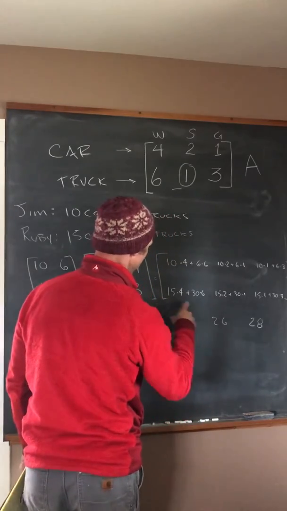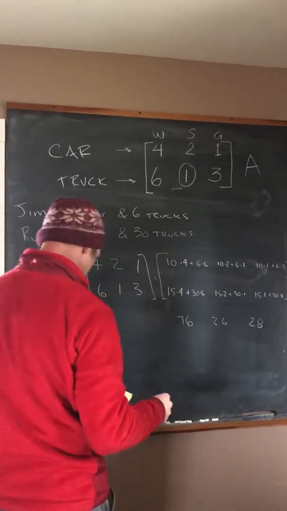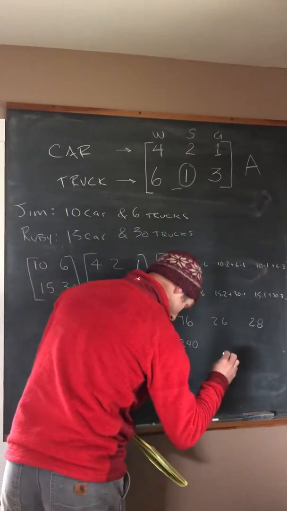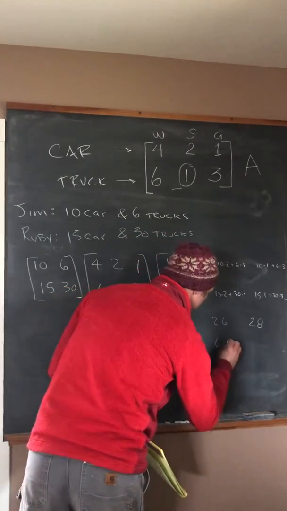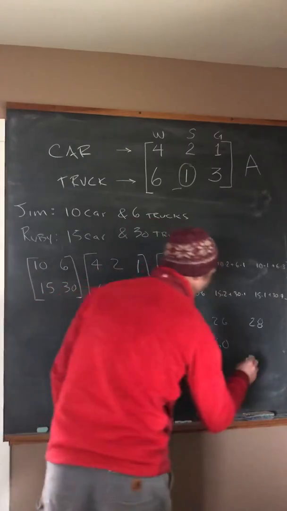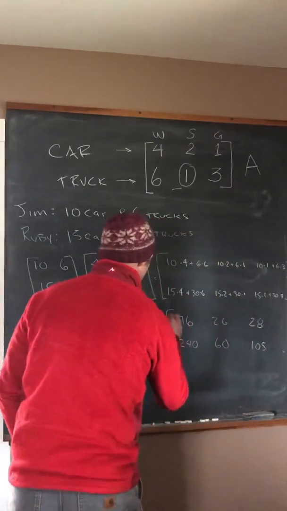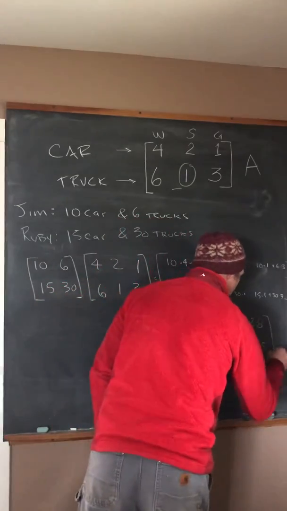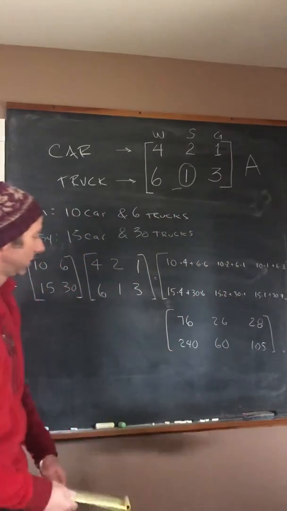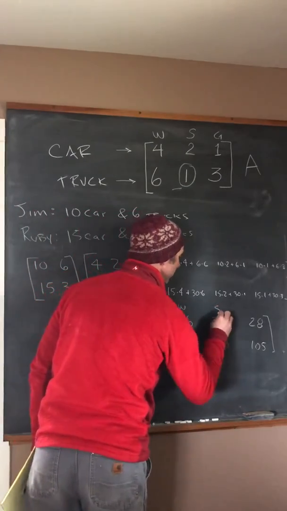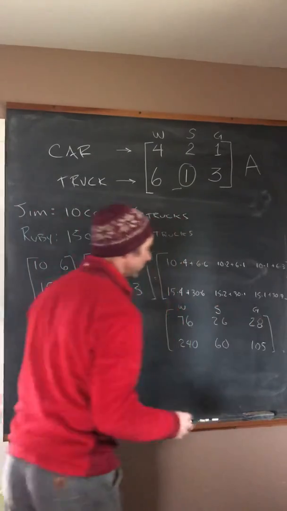Down here, I'm going to cheat, look at my notes: 240, 60, and 105. That, again, is wheels, seats, fuel tanks or gas tanks.